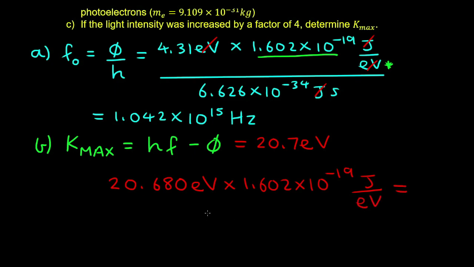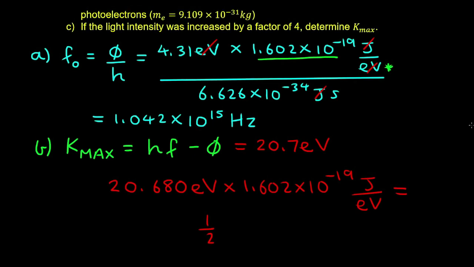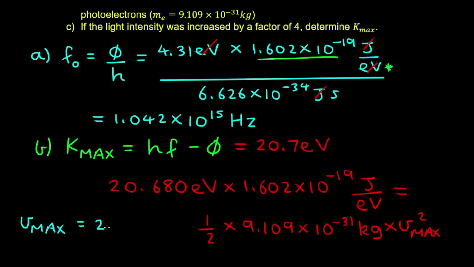And that's equal to 1/2 times the mass of the electron, which is given in kilograms, 9.109 by 10 to the minus 31 kilograms, times the maximum speed of the photoelectrons squared. If you solve this for the speed, we get V max as 2.2 by 10 to the 6 meters per second.